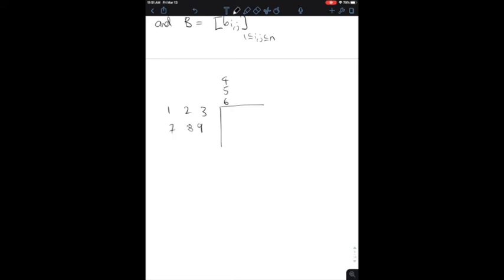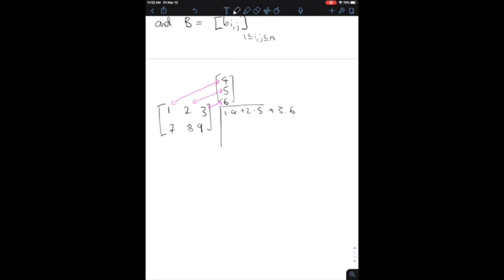Okay, so to multiply this 2 by 3 matrix with this column vector 4, 5, 6, we would do 1 times 4 plus 2 times 5 plus 3 times 6.